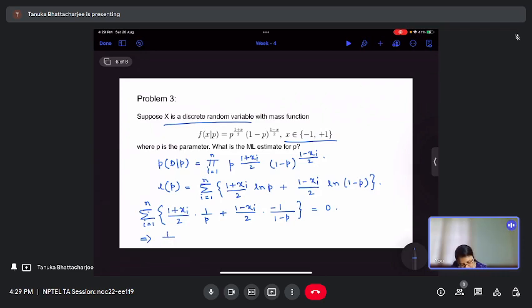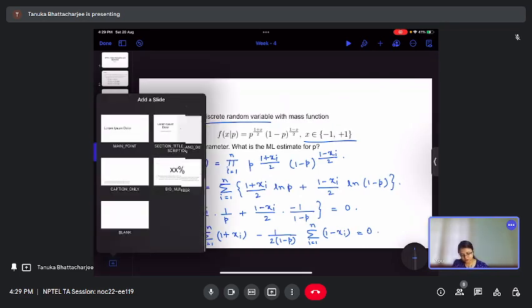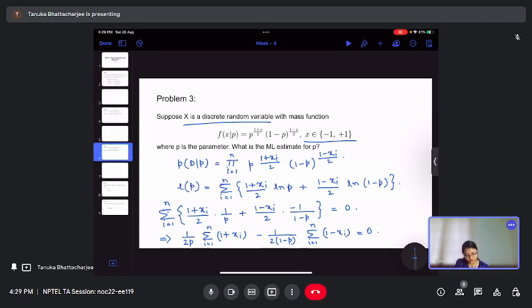I can take 1 by 2p out here. This is equal to 0.